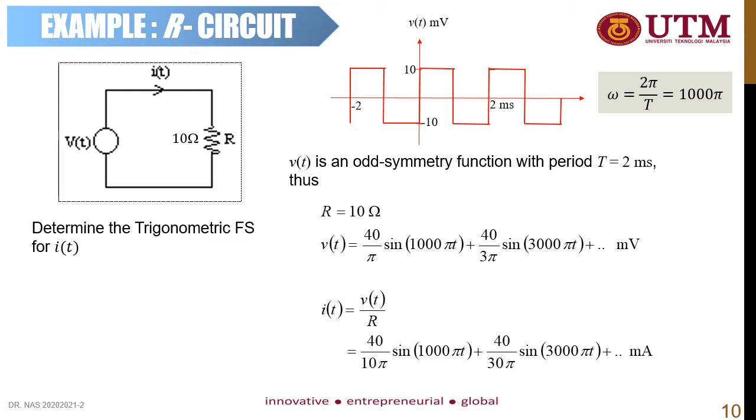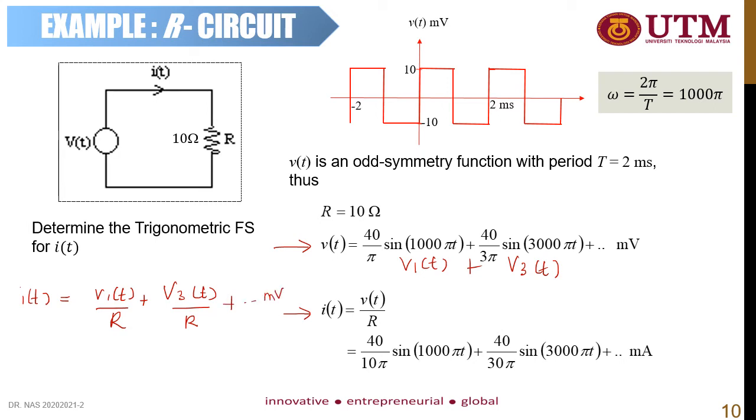So Vt as calculated earlier in the previous slide is given by this equation, so I is basically equal to V divided by R. In this case, you have V1t plus V3t. So I is basically equal to V1t divided by R plus V3t divided by R. Okay, if the question asks for more harmonics, then you need to consider more harmonics.